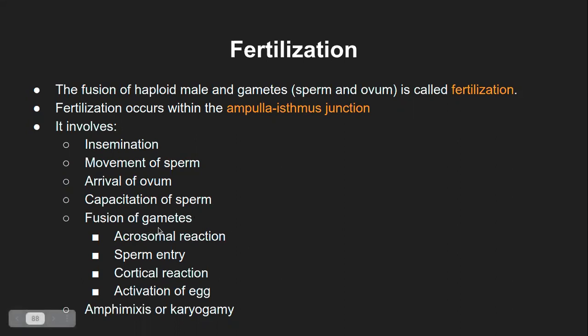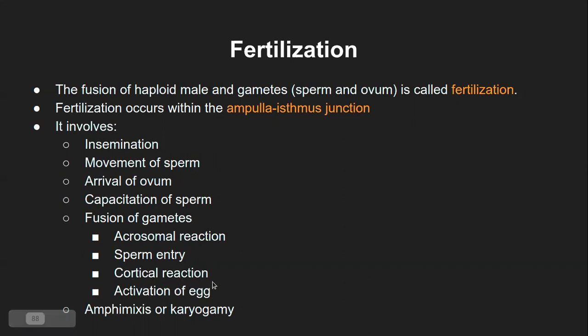In fusion of gametes, again, there were several steps, including acrosomal reaction. The acrosome portion of the sperm will release different hydrolytic enzymes, including hyaluronidase, and will dissolve the corona radiata and so on. Then the sperm entry, that is the actual entry of the sperm nucleus inside the ooplasm.